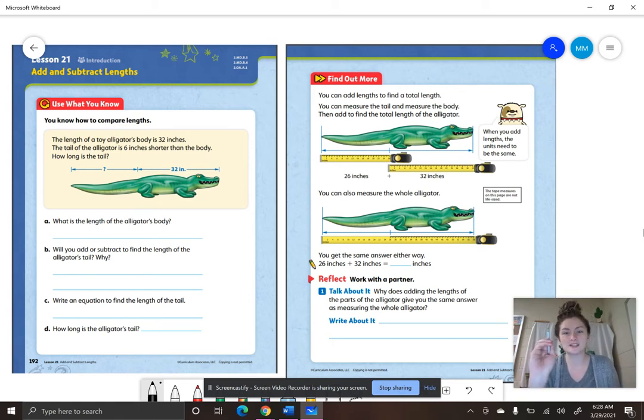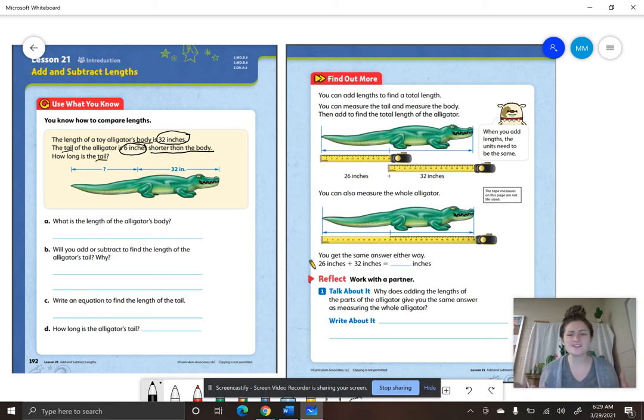Let's circle important numbers and underline important words. The length of a toy alligator's body is 32 inches. The tail of the alligator is 6 inches shorter than the body. How long is the tail?